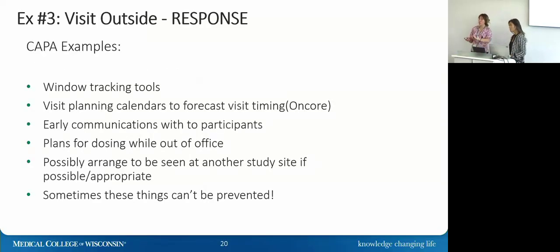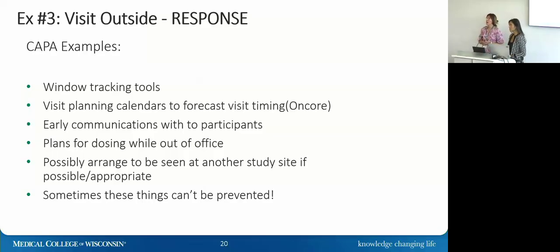We could utilize a window tracking tool, and visit planning calendars to forecast these visits. If the patient is looking to plan a vacation, we say, let's forecast when your visits are going to be and see if we can do it without impacting the protocol. Usually patients are very happy to work with you.